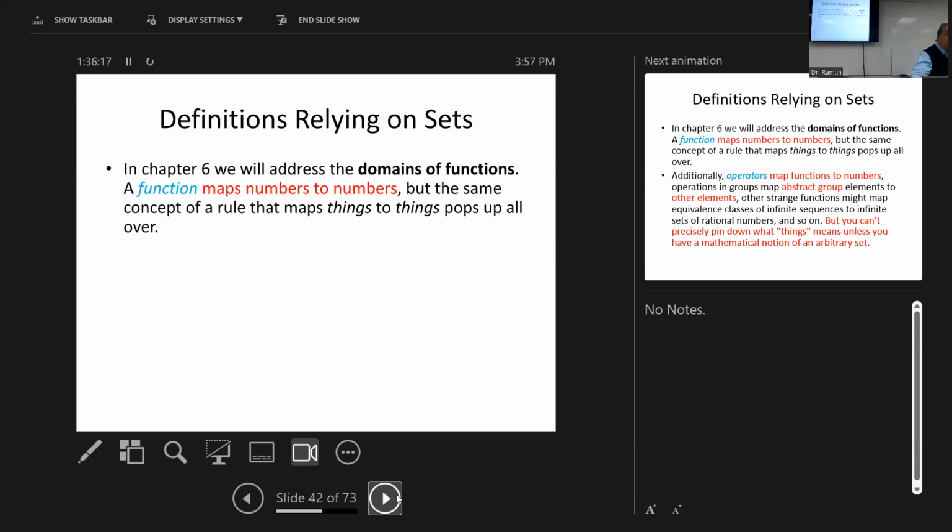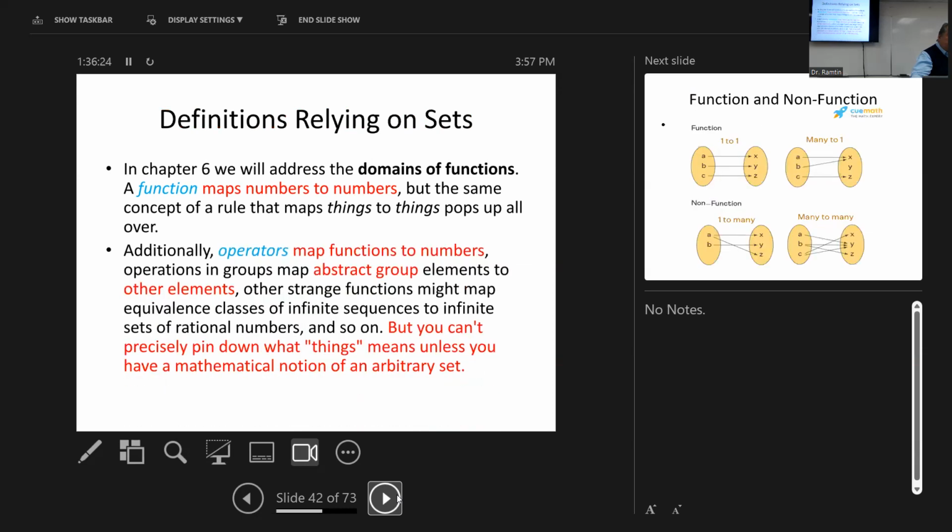A function maps numbers to numbers, but the same concept of a rule that maps things to things pops up all over mathematics. Then you have operators, which map functions to numbers. An operation in a group maps abstract group elements to other elements. Don't be afraid about this. I think it will become much clearer as we go through examples.